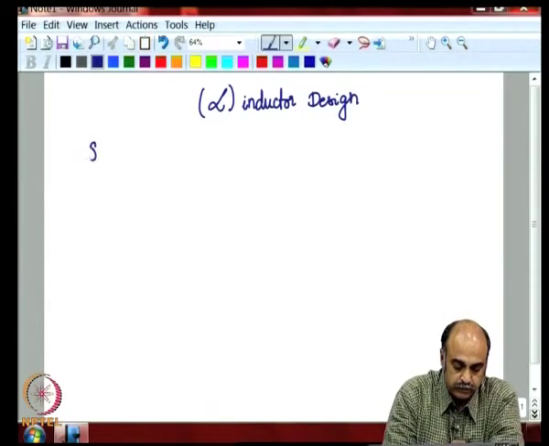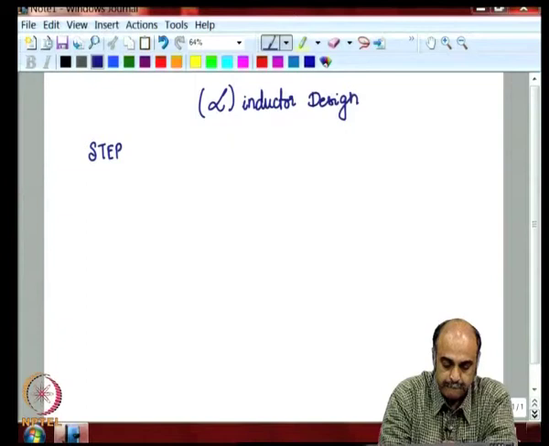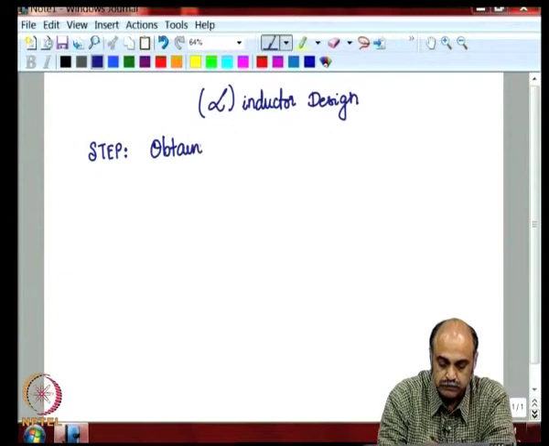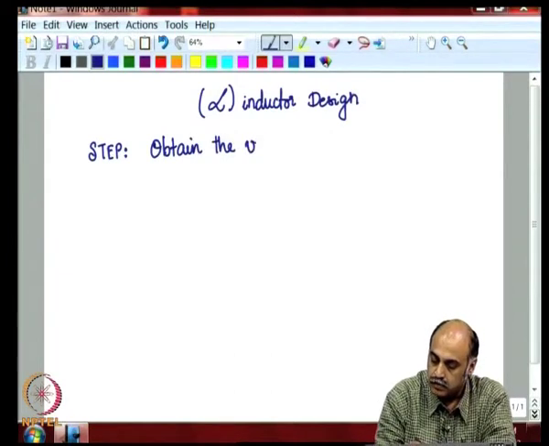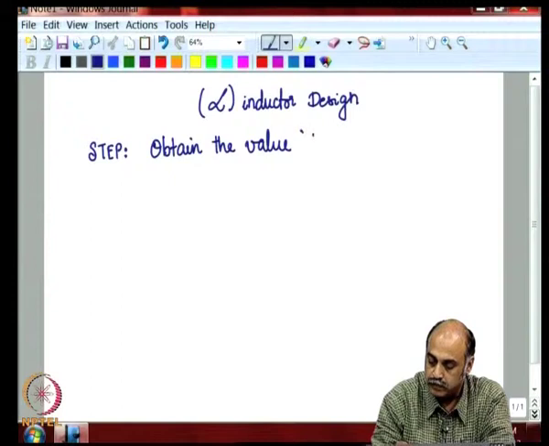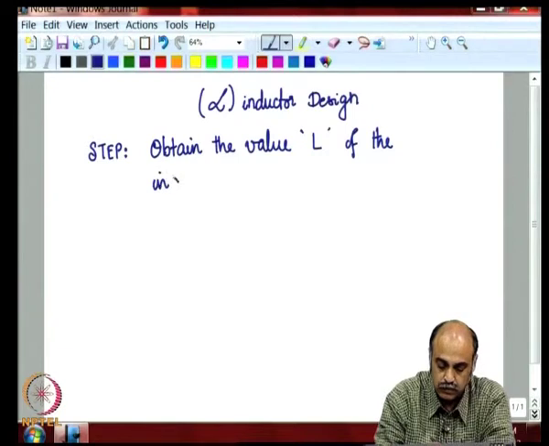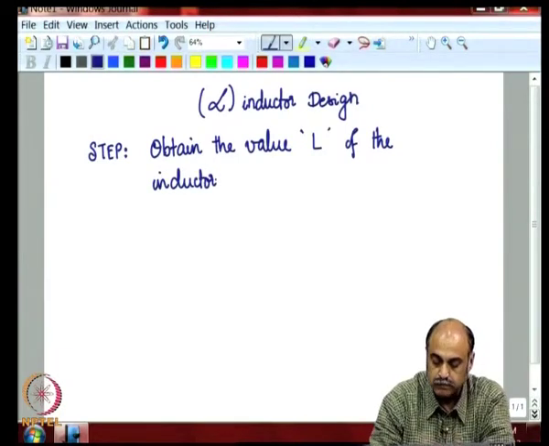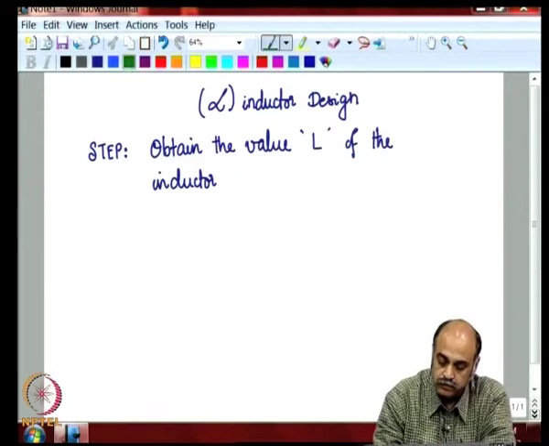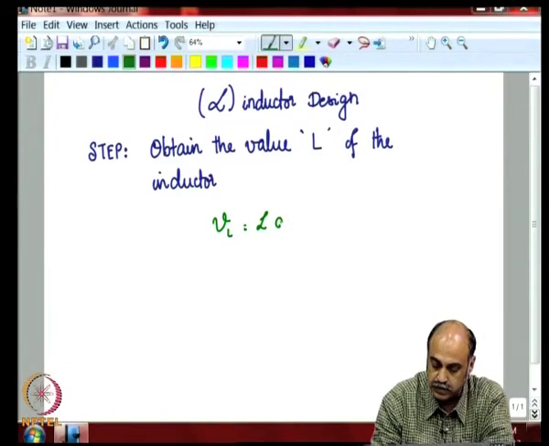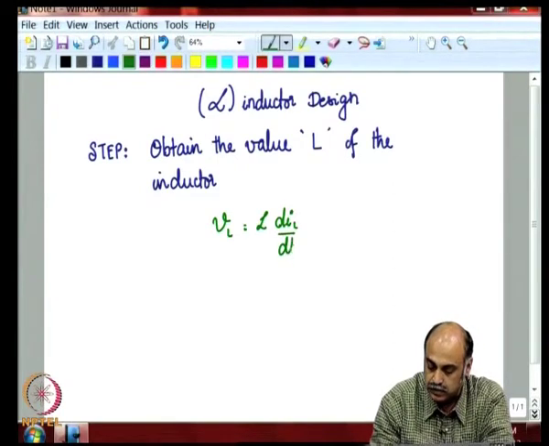So, step 1: obtain the value L of the inductor. And this is normally obtained using Faraday's law or the Faraday's equation, V_L is equal to N dI_L by dt.